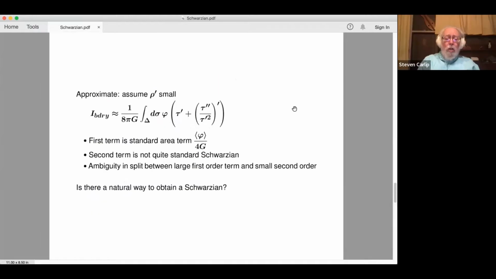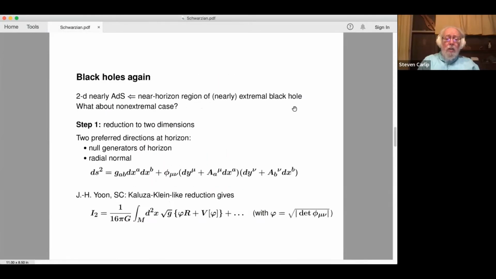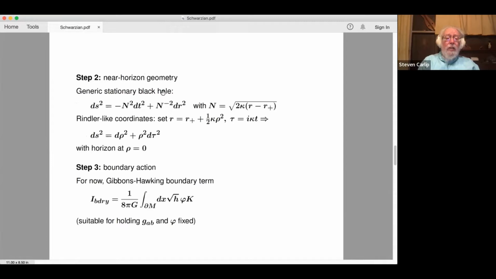Well, what goes on there is that this description of the near horizon metric as a flat metric breaks down. That's because for the extremal black hole, the lapse function doesn't go as the square root of r minus r plus, it goes as r minus r plus.